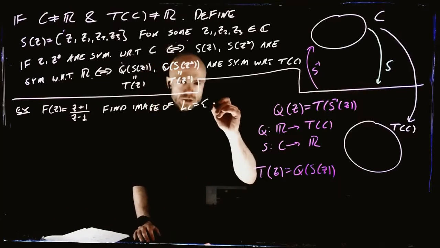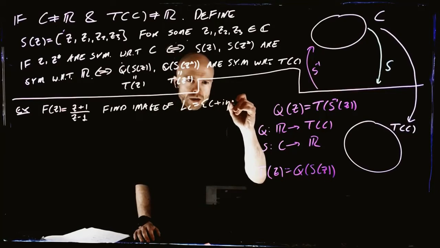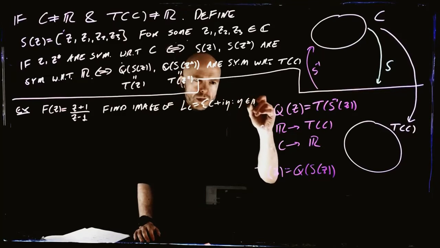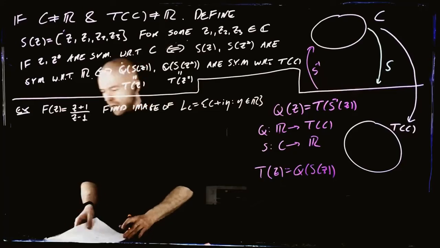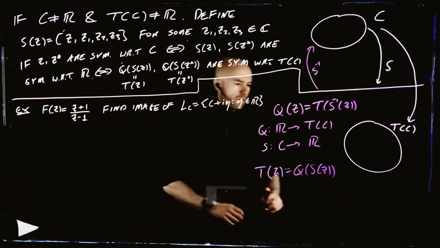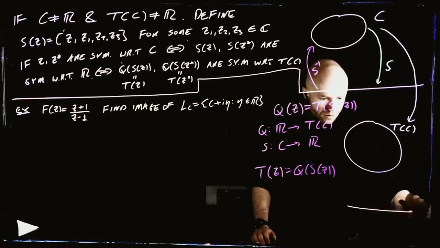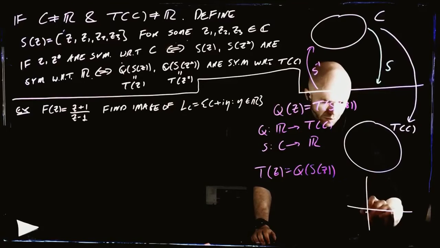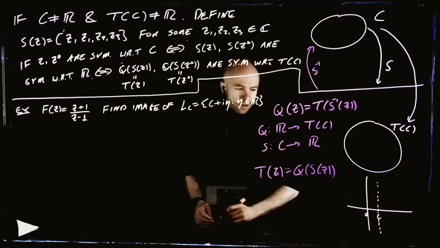It's the set of C plus iy, where y belongs to R. So it's the imaginary line that goes through the real number C. Right? So this is 0. I'm going to need a bigger picture than this, but okay. This is C. So it's the image of this thing.